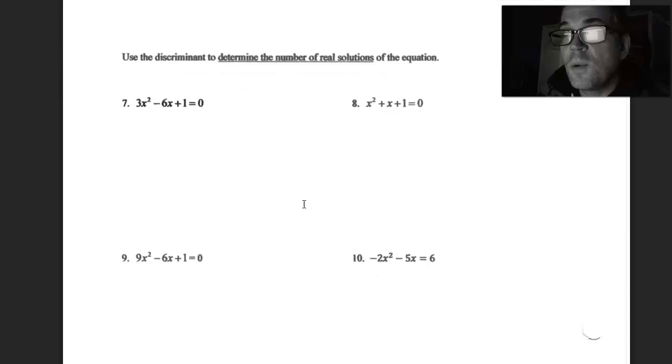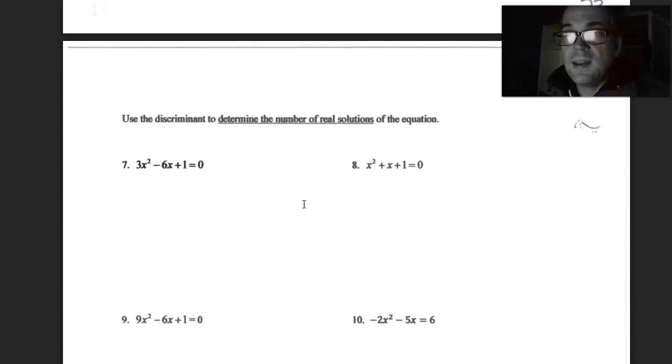And then I'm going to ask for homework tonight. You guys do on page 24, do 7, 8, 9, and 10, where it says use the discriminant to tell me the number of real solutions. So we're not actually solving it. You're just going to tell me how many real solutions there are based on if b squared minus 4ac is positive or negative or 0. So complete that. Don't solve it. Just tell me the number of real solutions.